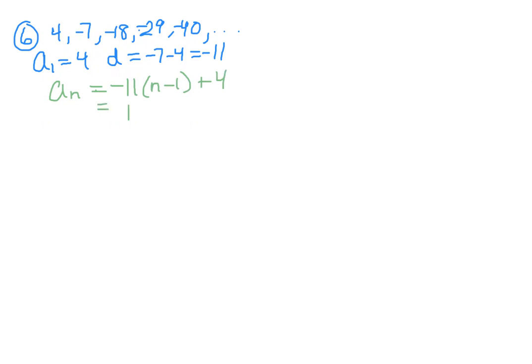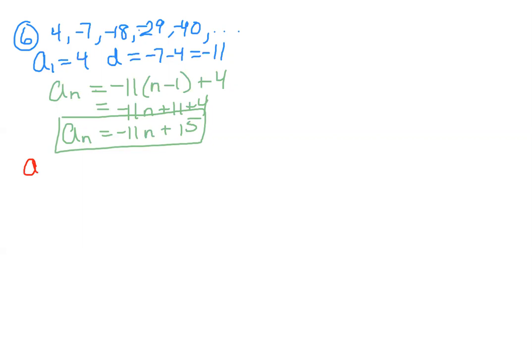And we're going to simplify. And we get our rule to be -11n plus 15. There's our rule. And then we're looking for A24. So we're going to substitute 24 in for n, and you should get -249.